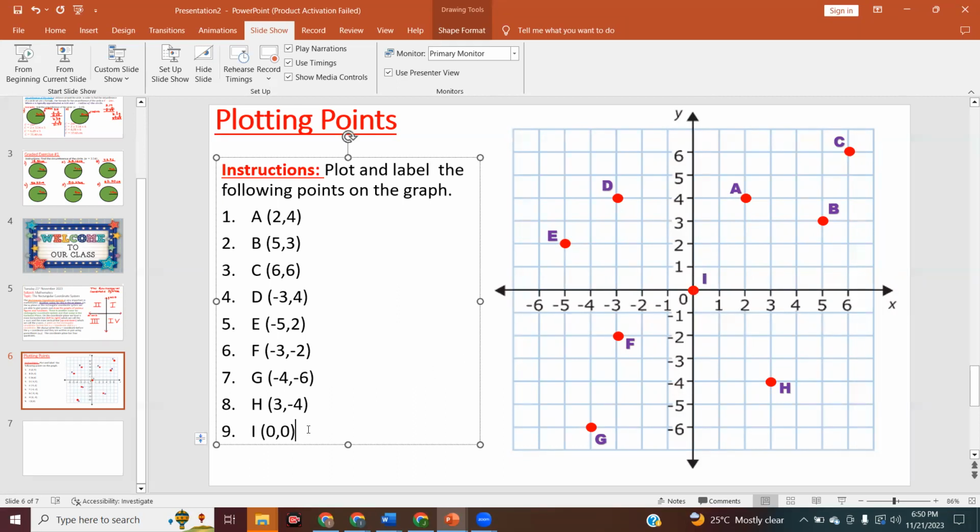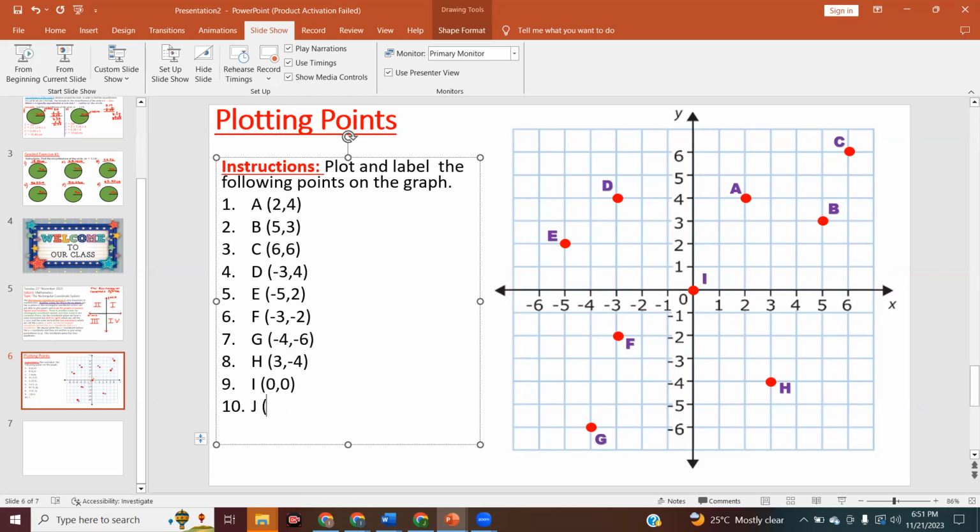And what if I have, this is gonna be interesting, what if I have J? What if I have 0, 5? Where would that go? Make the x the x-axis.